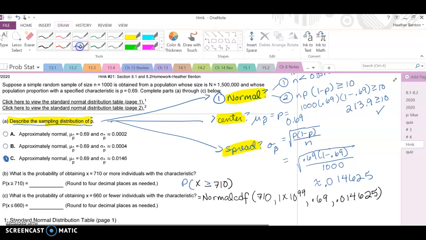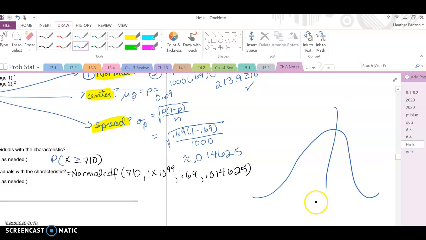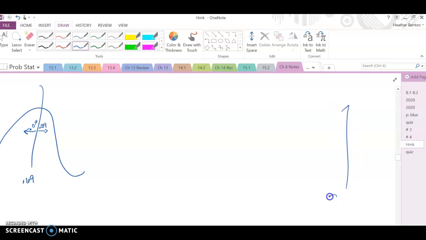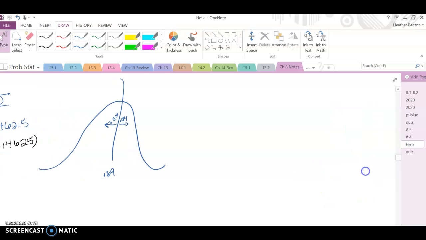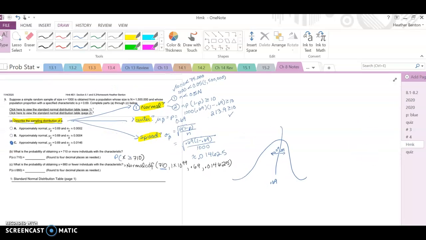On the bell curve, my mean is 0.69 and my standard deviation is just 0.014. So 710 is not even on the graph. It's way over here. What we're looking for is the proportion, so it wouldn't even make sense to use the actual number 710.